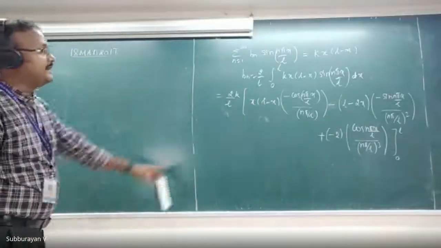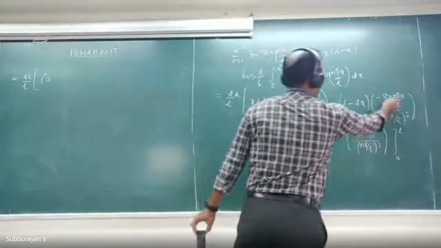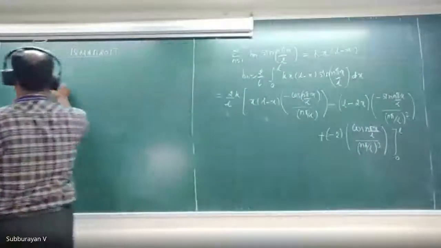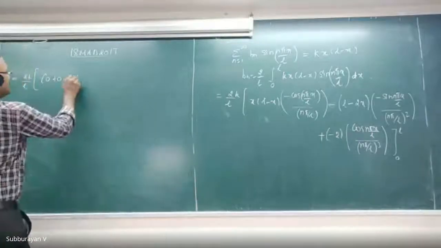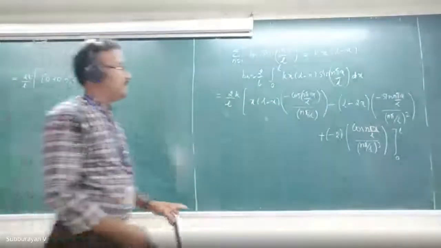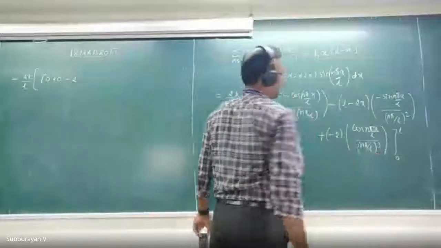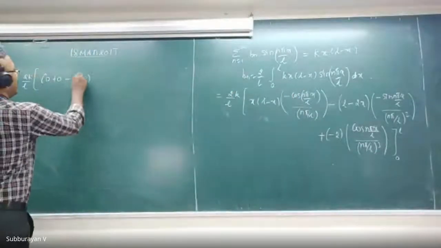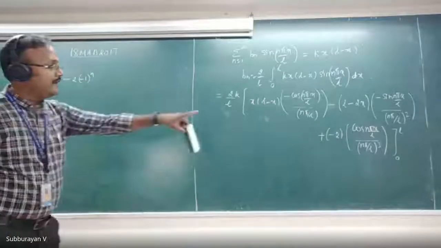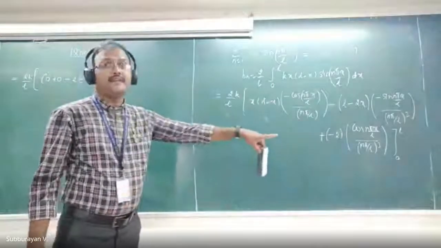And if I replace x equal to L, this will be sin nπ, therefore the second term is also 0. And minus 2 into, if I replace x equal to L, which gives cos nπ, that's minus 1 whole power n, divided by (nπ/L) the whole cube.